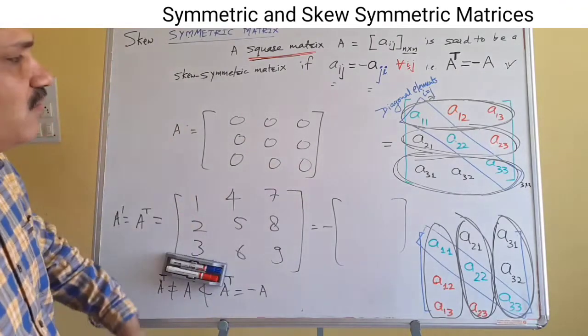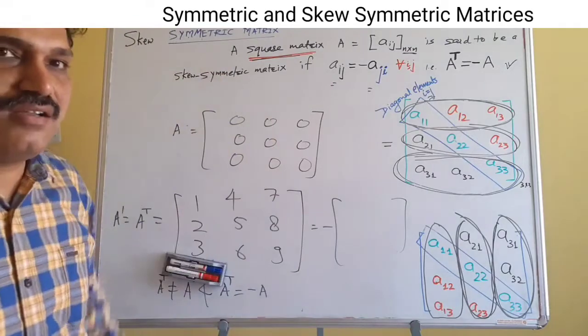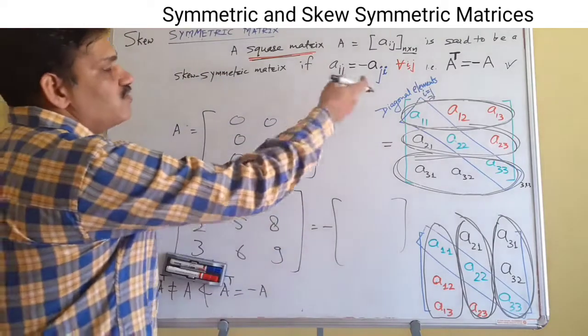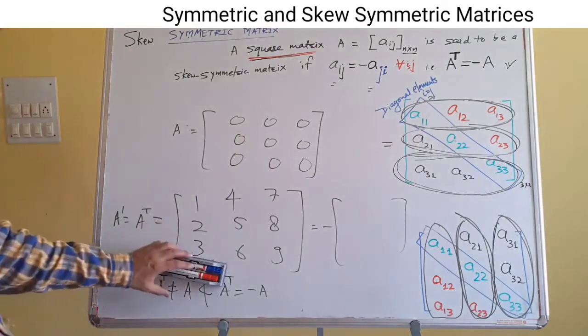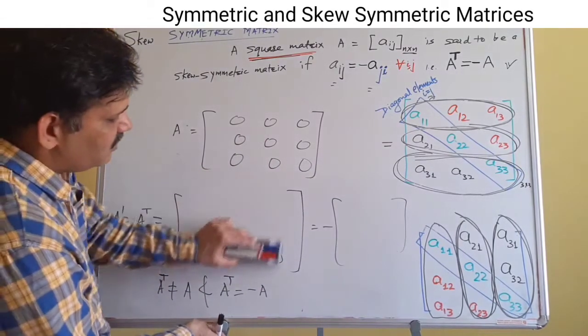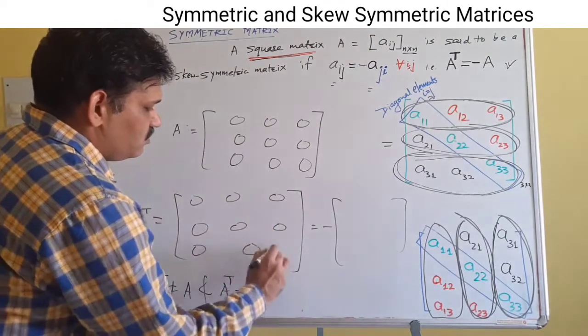See, it is symmetric. Why? Because all the non-diagonal elements are symmetric, or we can say Aij is equal to Aji. And it is skew symmetric also. Mathematically, if you take the transpose, you will get the same matrix, all zeros.